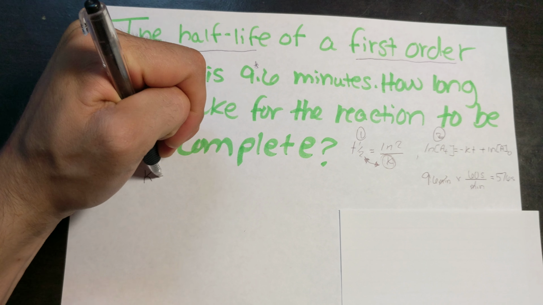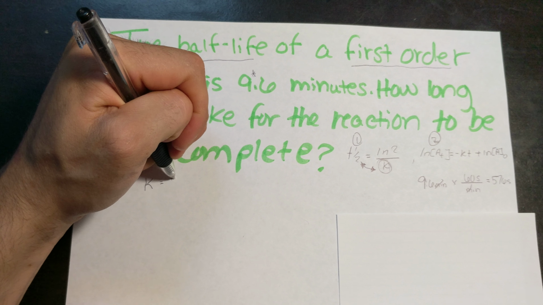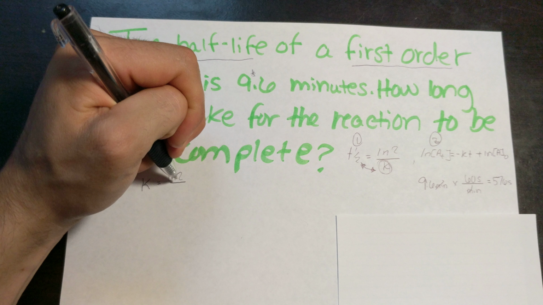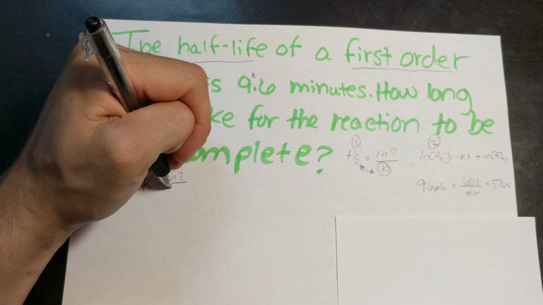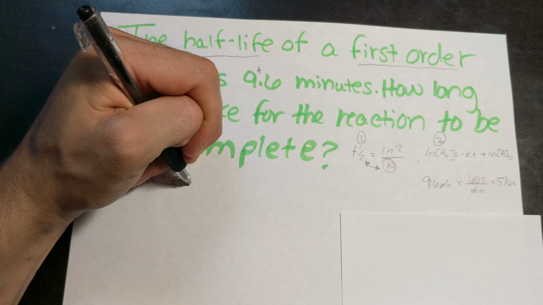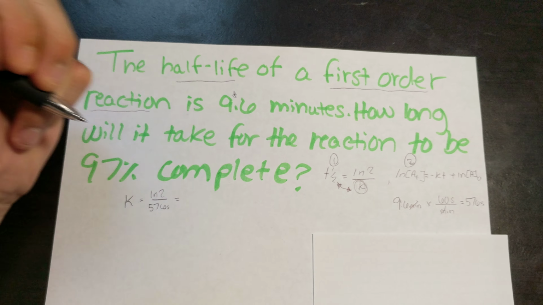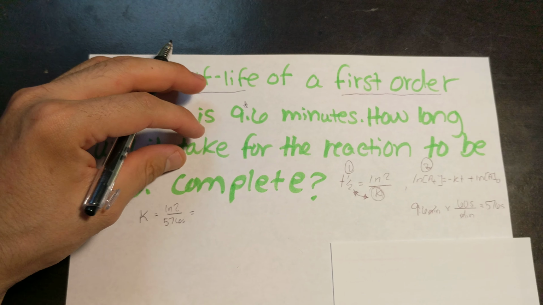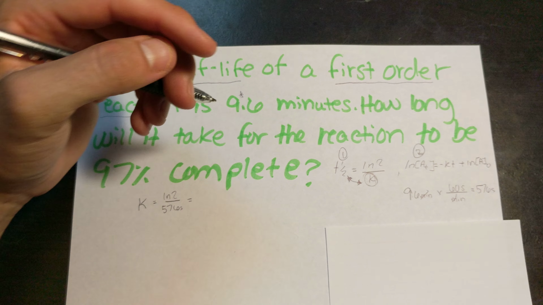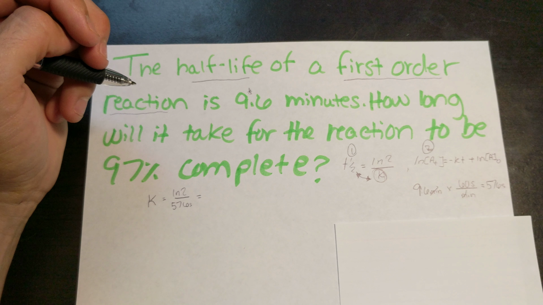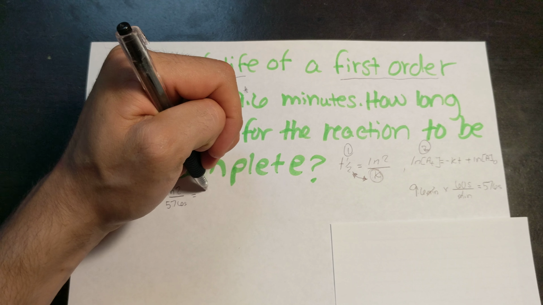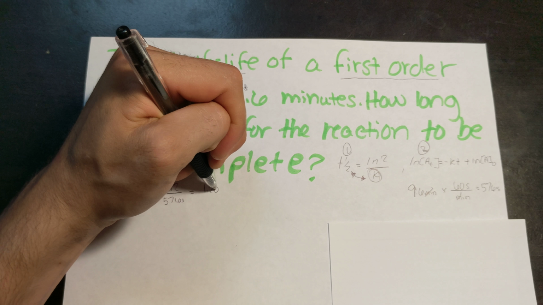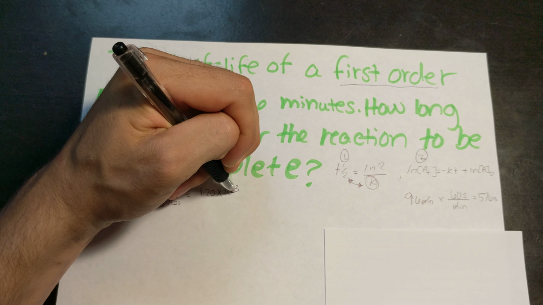K equals the natural log 2 over our time of 576 seconds. Once you type that in the calculator, you should get 1.20 times 10 to the negative 3.